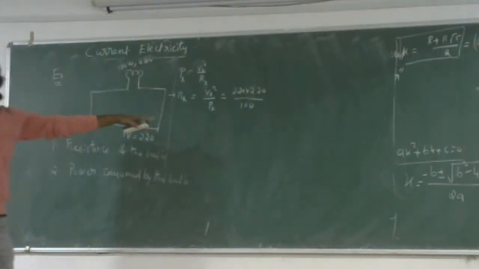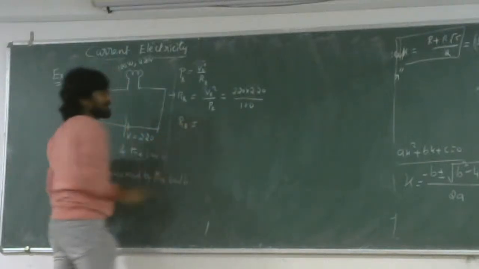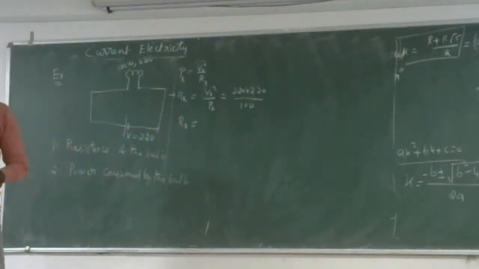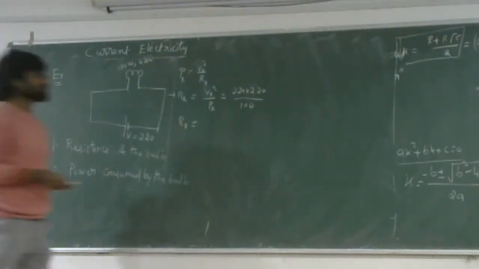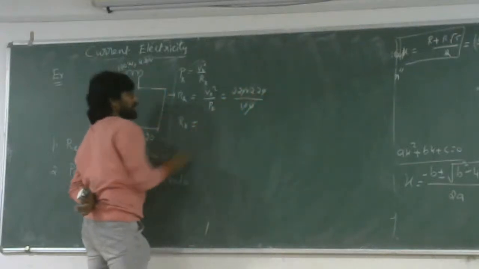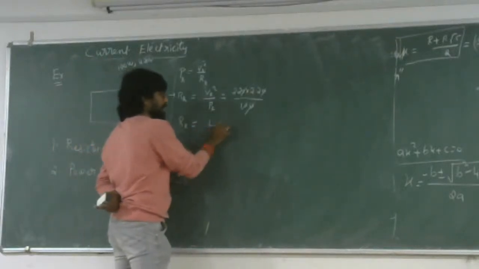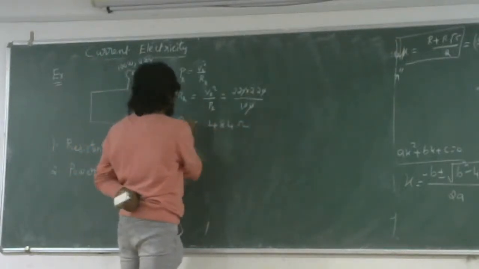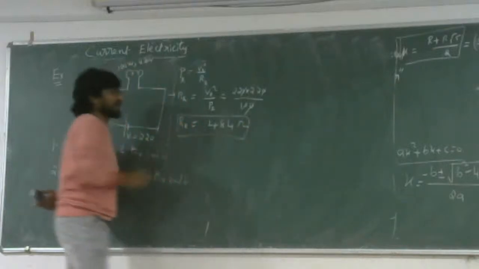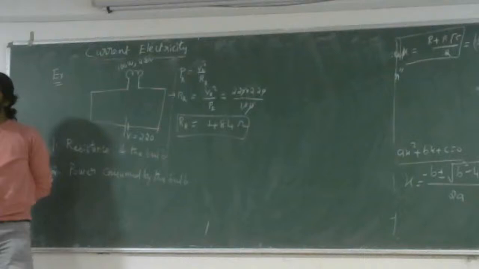The zeros cancel, so this is 484 ohm, the rated resistance of the bulb. Got it? Right, very good.